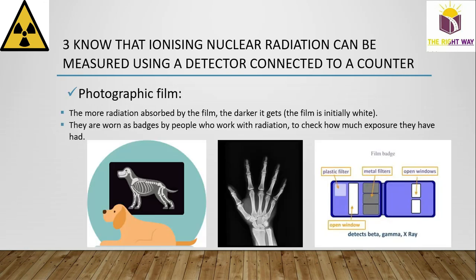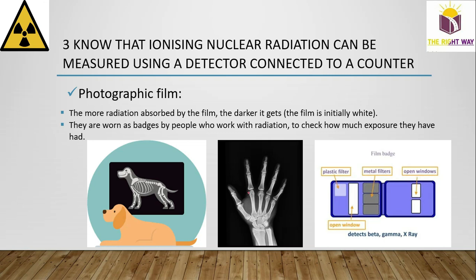We are going to discuss photographic film. The photographic film is a piece of paper which is initially white. When radiation falls on it, it becomes darker. The more radiation falls, the darker it gets. For example, when we take an X-ray of anybody, this photographic film is initially white, but when it is hit by the X-rays, it becomes darker.